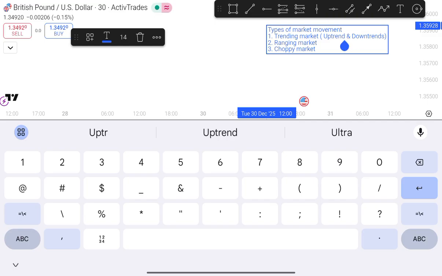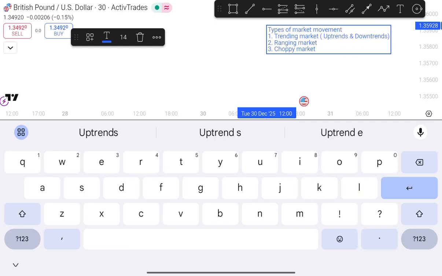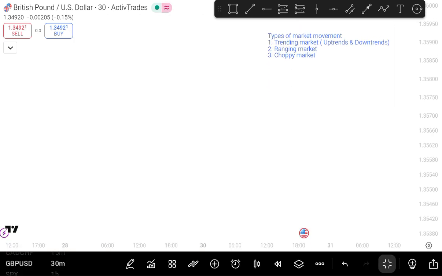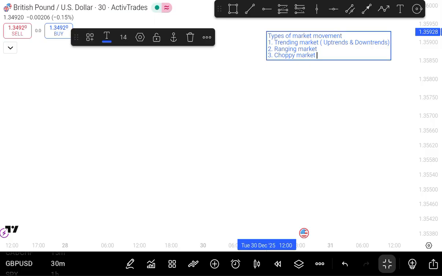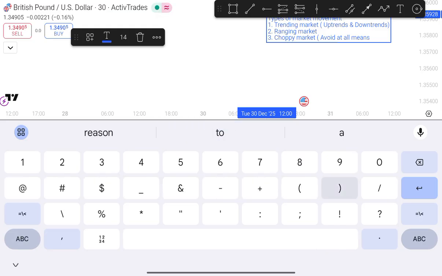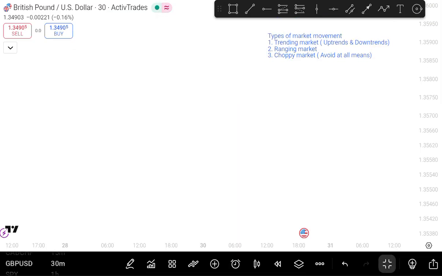So the three types of market movement are the trending market, the choppy market, and the ranging market. Now you have to take note of the choppy market: avoid this type of trade at all means.